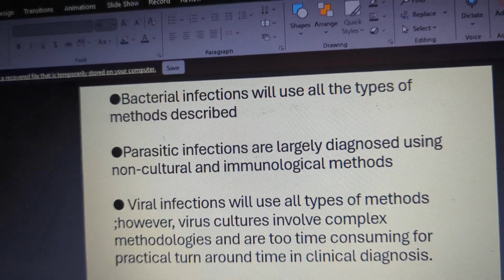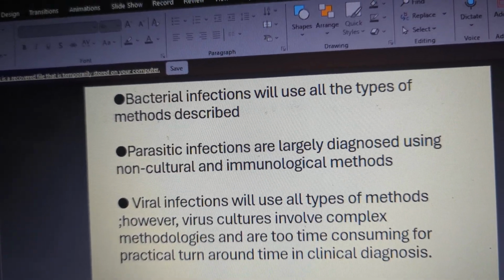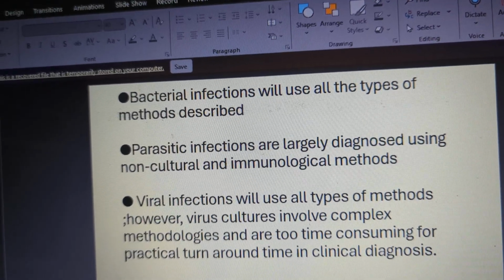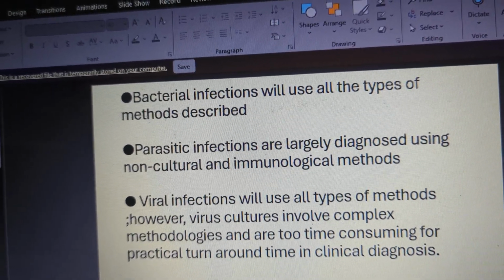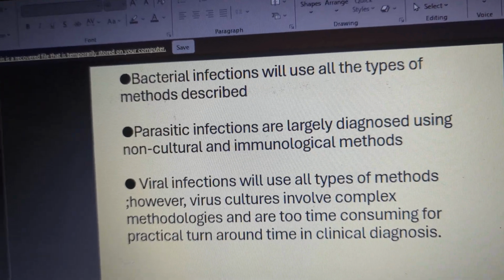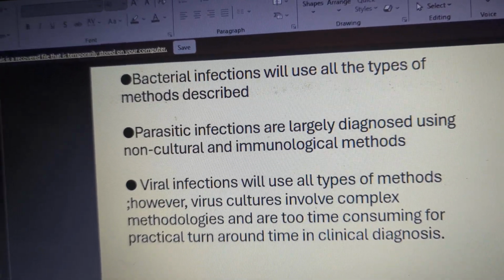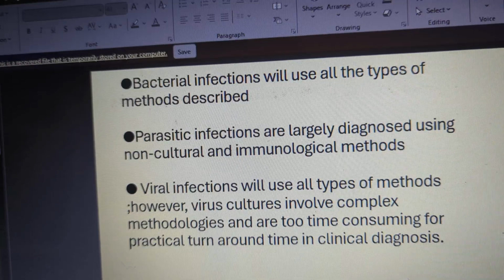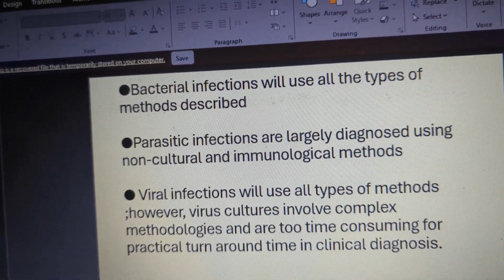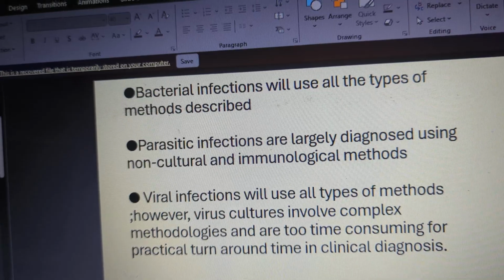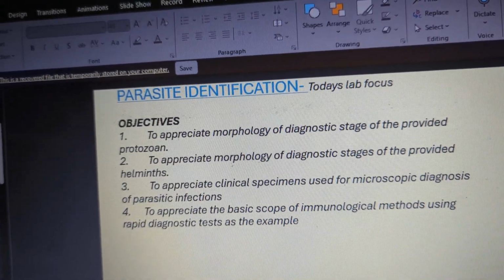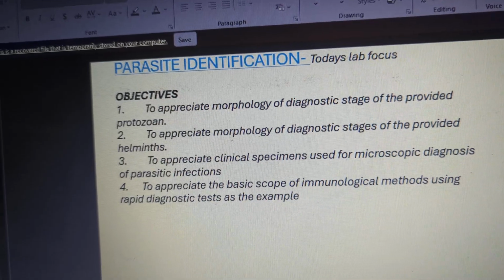Okay, one or two here and there, but you can never really say that cultures are used as a diagnostic tool for parasitic infections. That's how rare that option is. Okay. So even our discussion is on what is available, what is commonly used. And so that is now our parasite identification.